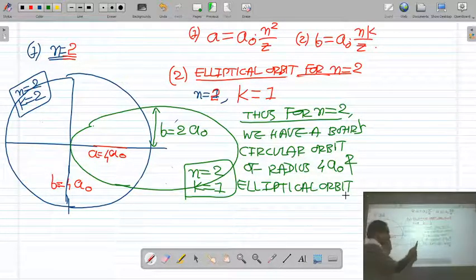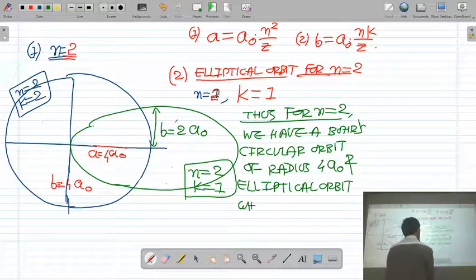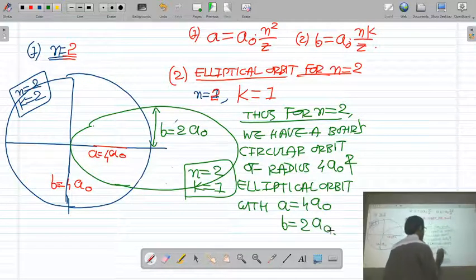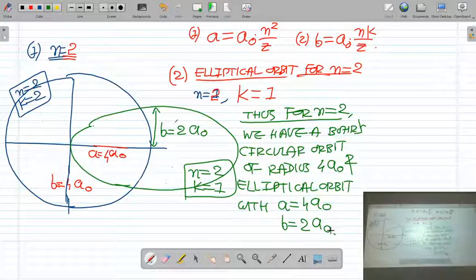And for n is equal to 2 and k is equal to 1, we get an elliptical orbit with semi-major axis 4a0 and semi-minor axis b is 2a0. For n is equal to 2, we have two orbits. One orbit is circular and the other orbit is elliptical.